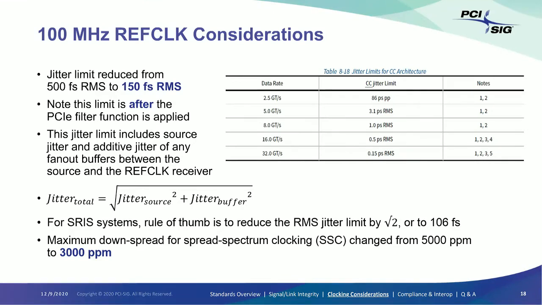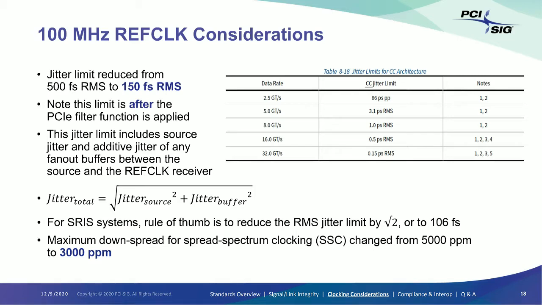Now, looking at some of the reference clock considerations and specifications that changed from Gen 4 to Gen 5, one of the, I would say, primary changes is that the jitter limit is reduced. So in Gen 4, that common clock jitter limit was 500 femtoseconds RMS. At Gen 5, that's been reduced down to 150 femtoseconds.